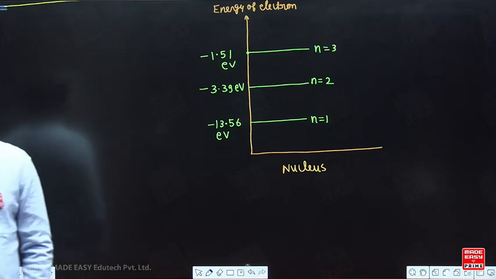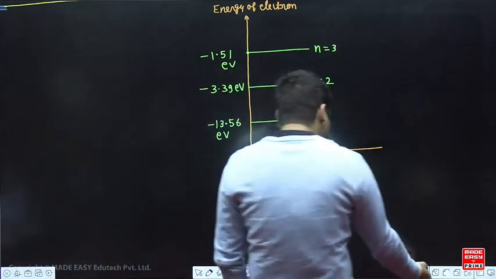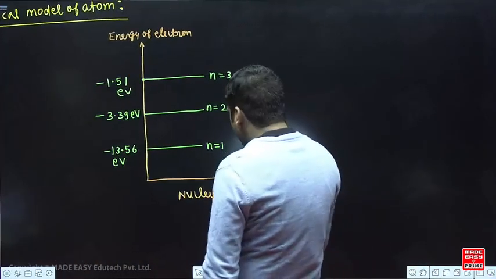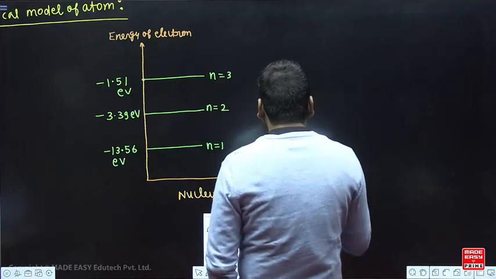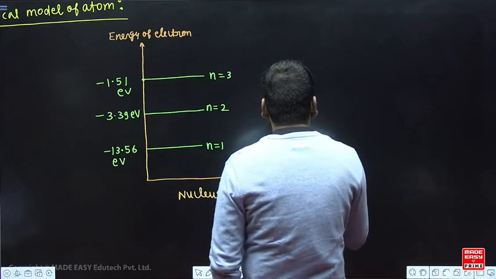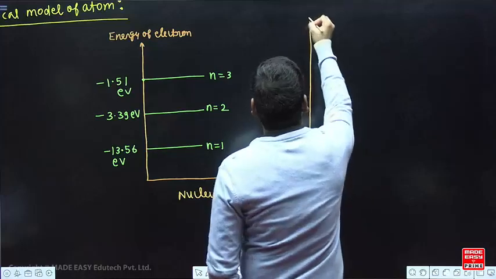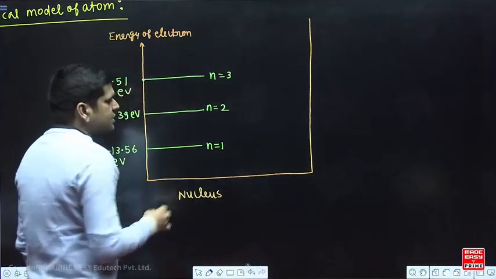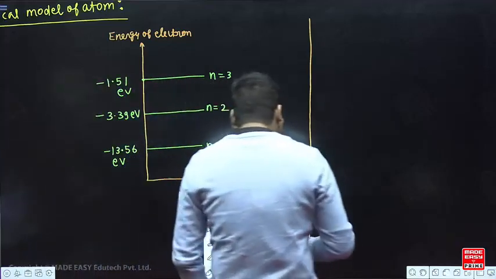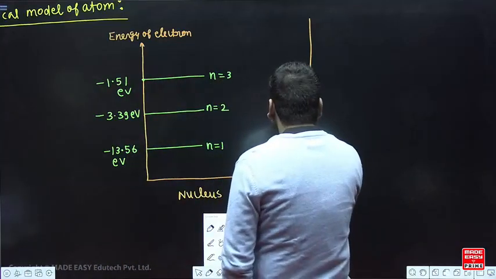But in the modern concept we saw that these orbits are further divided in subcells. These cells are divided in subcells.